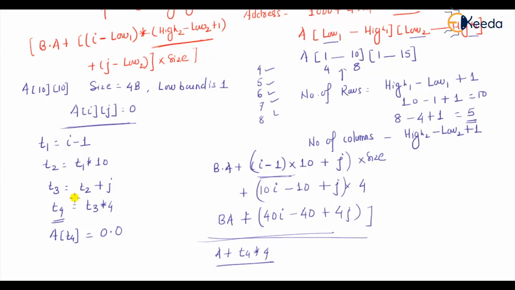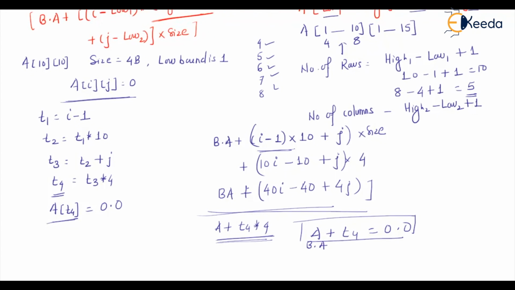There are many other computations here. The only thing is that A is the base address, and I add the value of T4, and that is equal to 0.0. This is the only computation that we are leaving; otherwise we have done the entire computation.